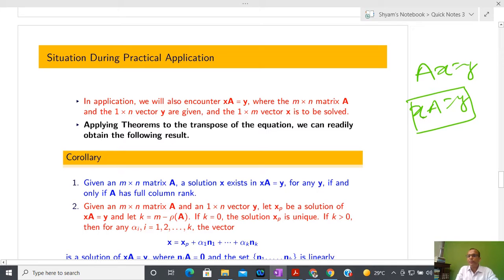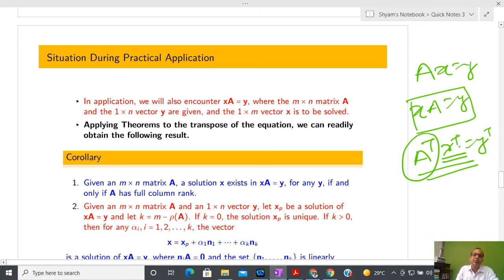What you can do is take the transpose on both sides. Then you can see that my problem is again the same. A transpose is known because A is known, and y transpose is known, and after that I can solve for x transpose, and finally I can extract whatever solution I have.